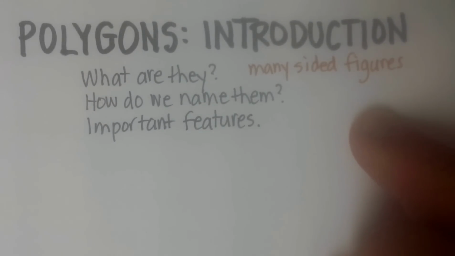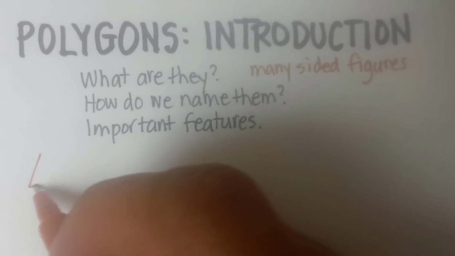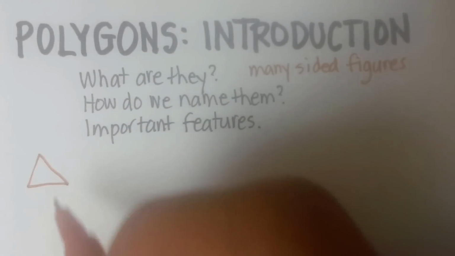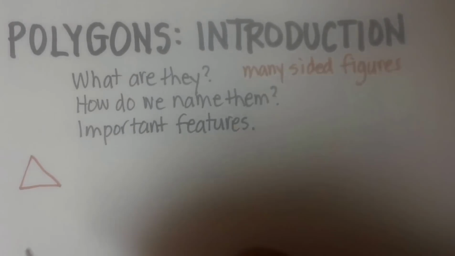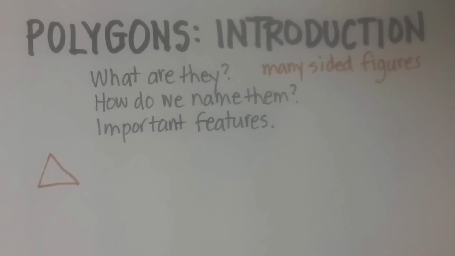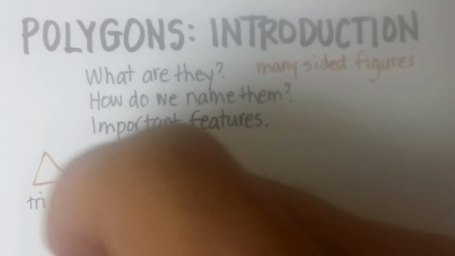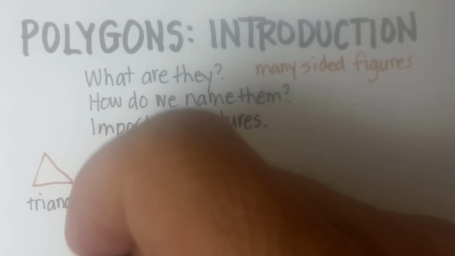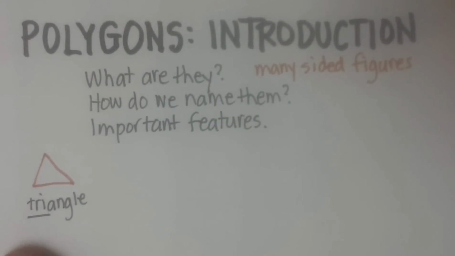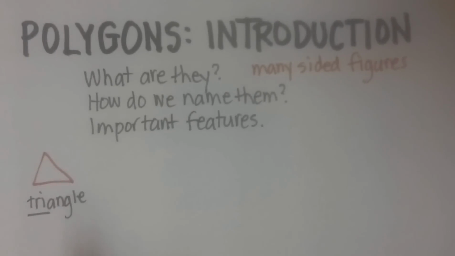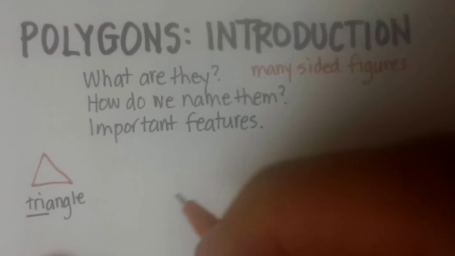Now, the most simple of polygons is, as you can probably guess, a triangle. It's called a triangle because it's got three sides, right? And the prefix tri means three. And again, that gives you a clue into how these are named. The prefix is going to be very important here. And again, you can guess what the next polygon type would be.